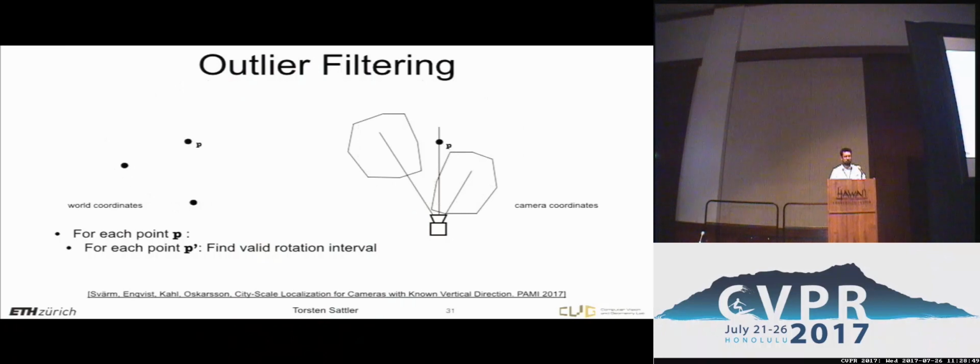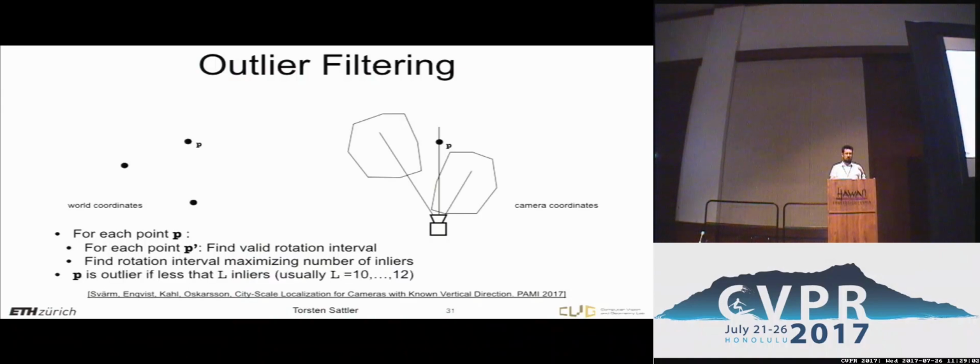For the second point, you would also get an interval. Then you find the rotation interval that maximizes the number of inliers. This gets an upper bound on the number of inliers, and you reject a match if this upper bound is below a certain threshold, say 10 or 12 inliers.